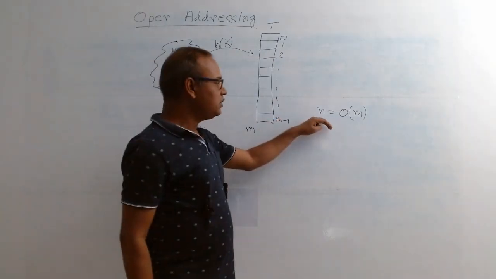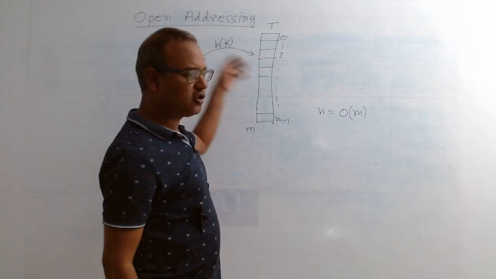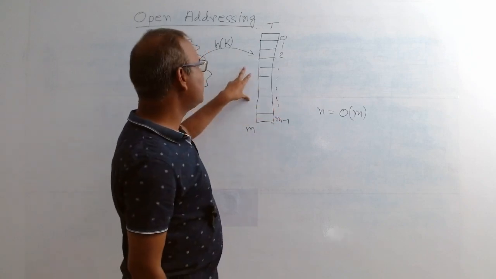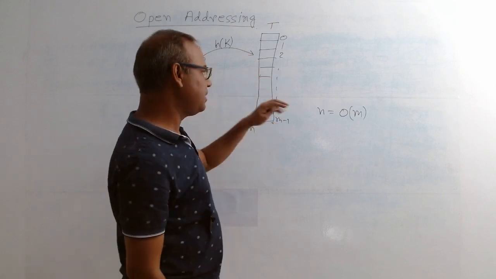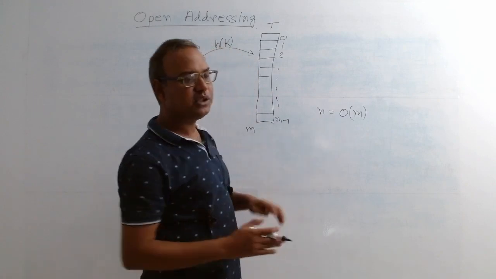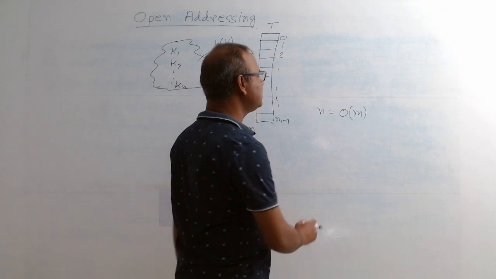If we take a very small size of table, then there will be a lot of collision, and we cannot afford all the elements in this table. So m must be greater than n, but m should not be too large. Too large means wastage of memory.